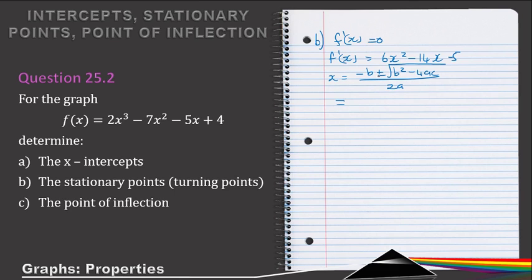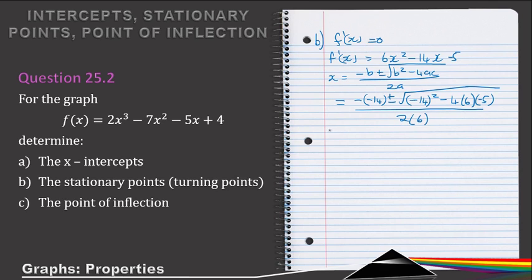Okay, substitute in. So here we have negative negative 14, plus and minus the square root of negative 14 squared minus 4, a is 6 and c is negative 5, over 2 times a, which is 6.